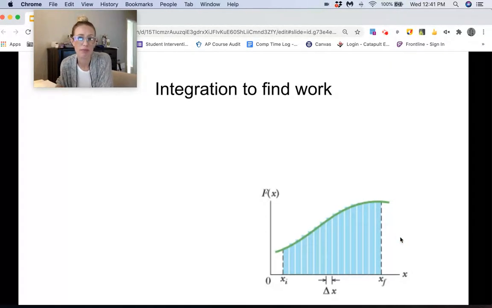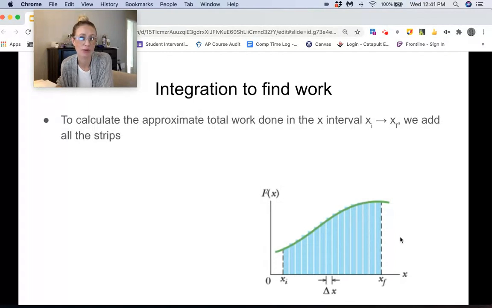Now, of course, we have a bunch of little tiny rectangles. So we want to add up each of those areas from x initial to x final. That notation is written as sum notation. The total work done is equal to the sum of the area of each of those strips, so you get the sum of each F sub j average times your delta x.